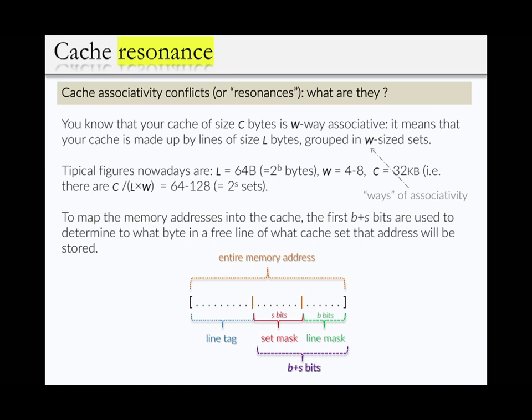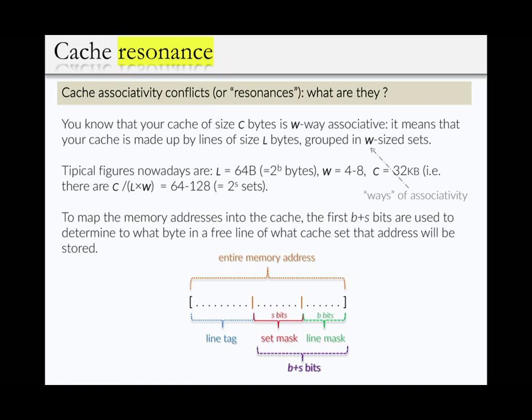Let's say that you have a cache of size C bytes in total, and let's say 8-way associative. Associative, I just recall, means that if this is your cache, you have a number of lines, and they are actually grouped.